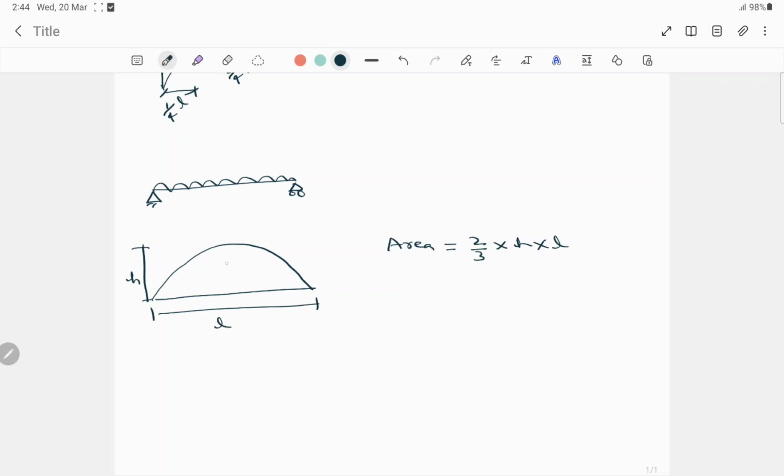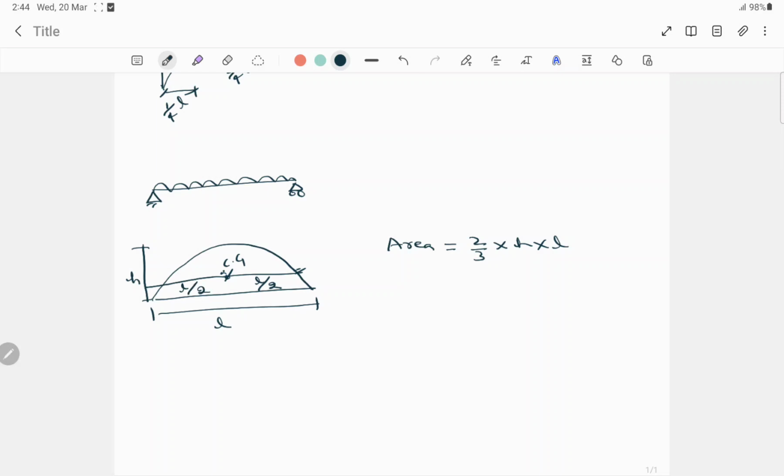And to find the center of gravity, the CG is acting at the center. From here to here, how will we find the L value? That is nothing but L/2, and from here to this distance also it's L/2.